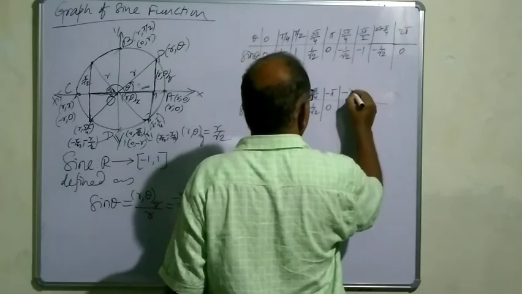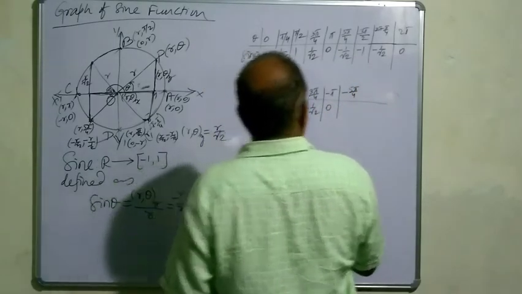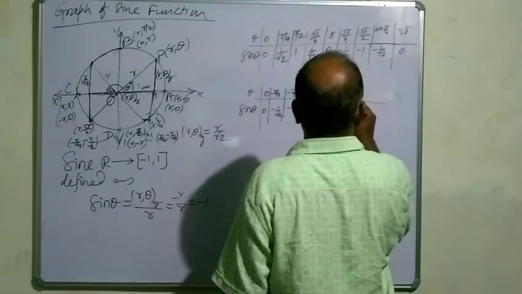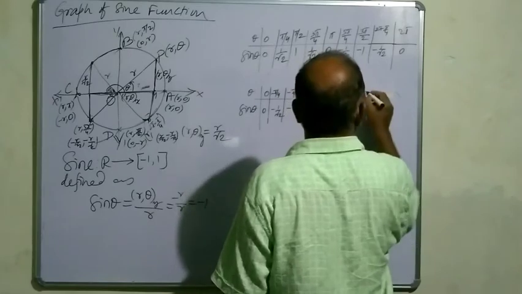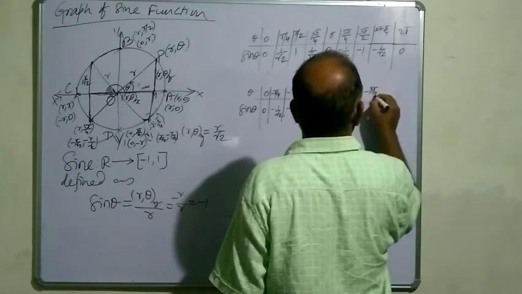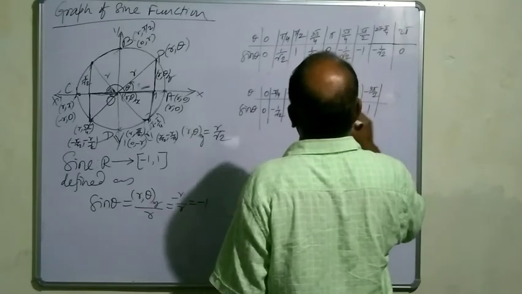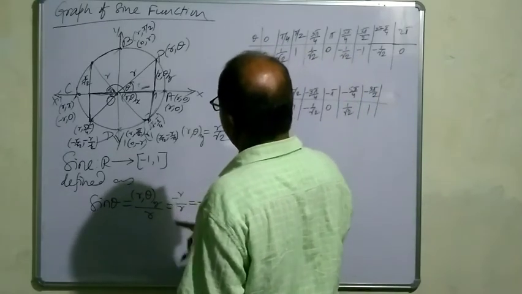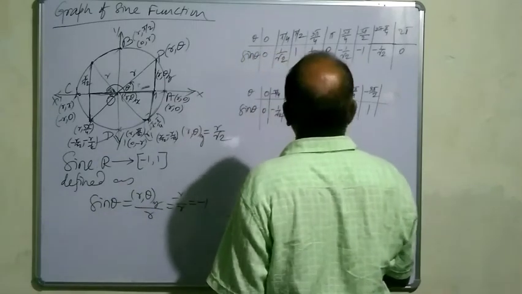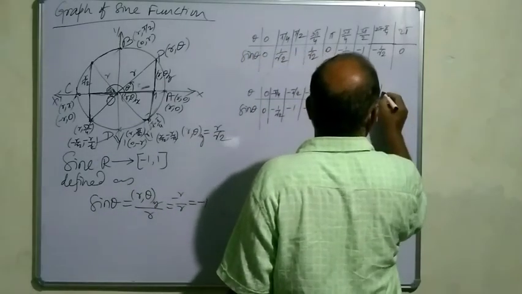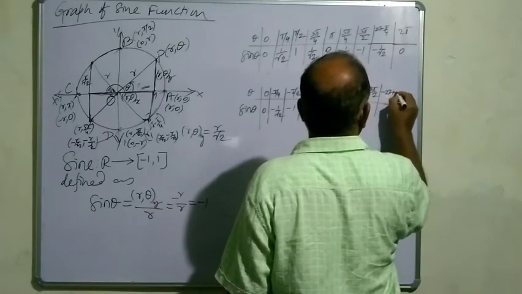Then minus 5 pi by 4, it will be 1 by root 2, and minus 3 pi by 2, it will be 1. Then minus 2 pi plus pi by 4.